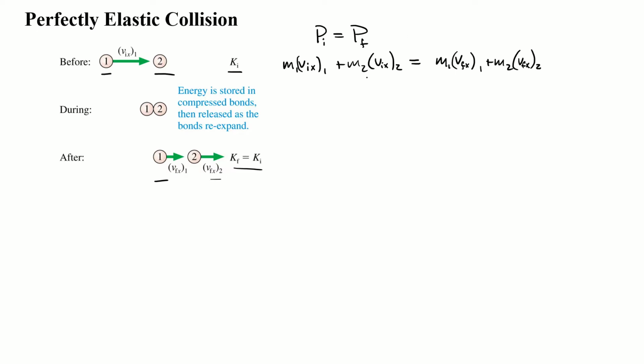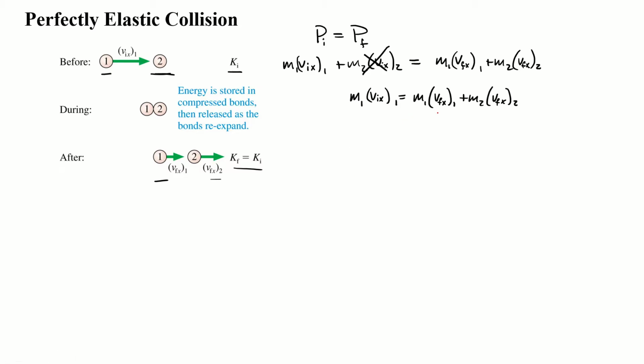This is the total momentum of our system initially equal to the total momentum finally. Object 2 is stationary at the start, so this is 0. So we end up with this equation, m1 v initial x1 is equal to m1 v final x1 plus m2 v final x2, right? And that's the equation that conservation of momentum gives us.